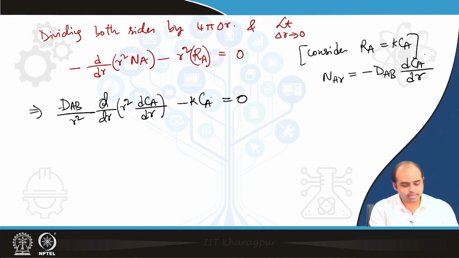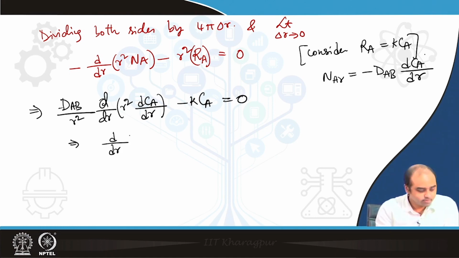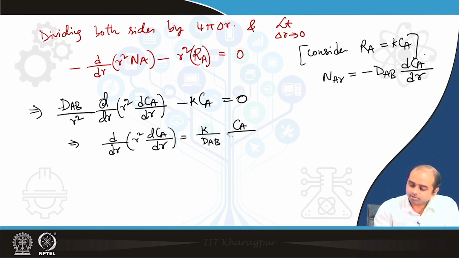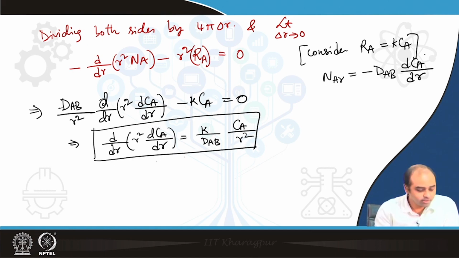I can do some rearrangement here, something like this, just for the ease of calculations. Now, what about the boundary conditions? It needs two boundary conditions in R. So, at R is equal to 0, of course, dCA dR has to be equal to 0 because that is the symmetry boundary condition.